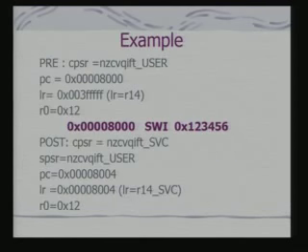So, let us take an example. This is an example of a software interrupt instruction, and in this case this is your CPSR, which is a program status register. I am showing you these are the condition flags. These are your interrupt enable disable flags, this is the thumb mode flag, and this is the mode bits, which is now user mode.